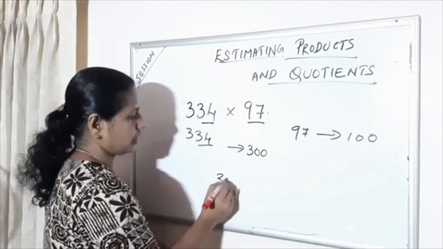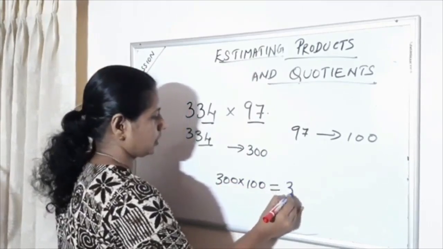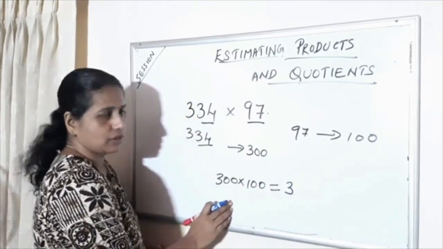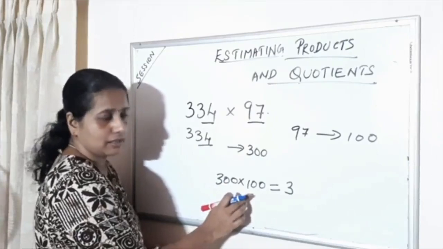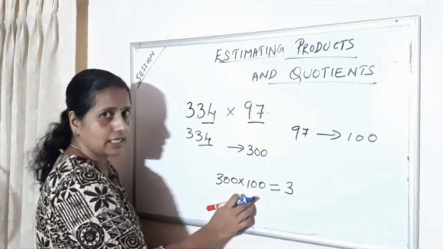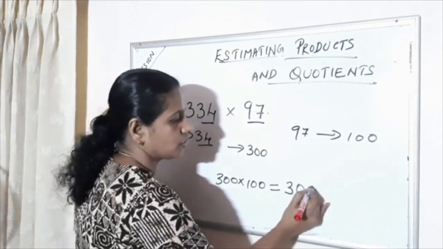So 300 into 100. Don't multiply it directly. First count the number of zeros when multiplying by multiples of 10, that is 10, 100, 1000, etc.